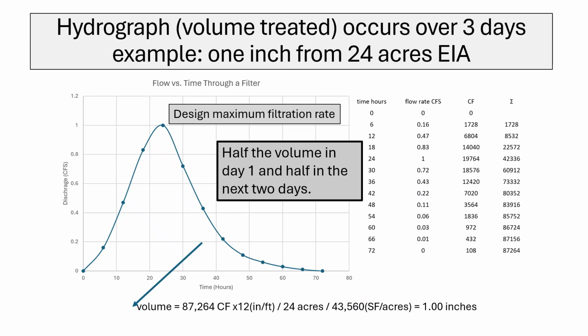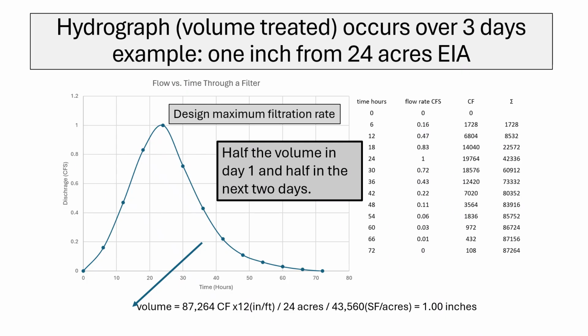To understand how a wet pond handles runoff, we need to look at how the volume moves through the system over time. In this example, we have 1 inch of runoff generated from 24 acres of effective impervious area. The original site was 100 acres with a runoff coefficient of 0.24, which gives us that 24-acre EIA figure.